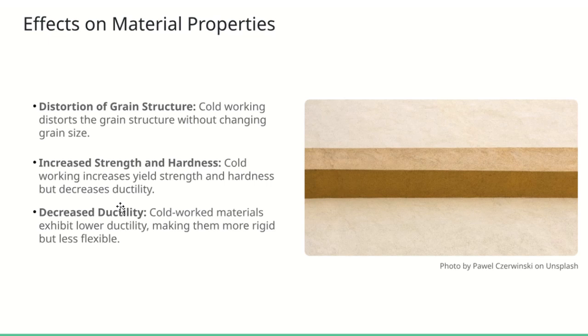So it increases the strength and hardness. Cold working increases yield strength and hardness, but it decreases ductility, meaning that a material that is originally ductile becomes slightly brittle. Cold worked material has lower ductility, making it more rigid but less flexible.